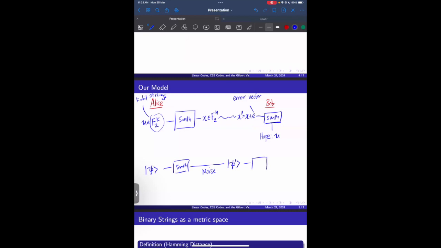Then you do something with it again, and the hope is that you can get back psi. It's roughly the same idea. Essentially, if you thought that the way to model it in the quantum setting is just to add a q before everything, bit becomes qubit, it's the same idea.